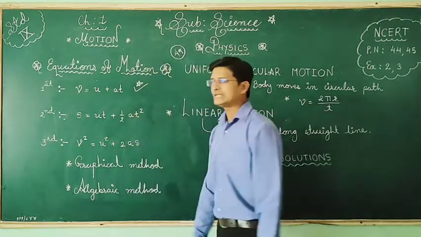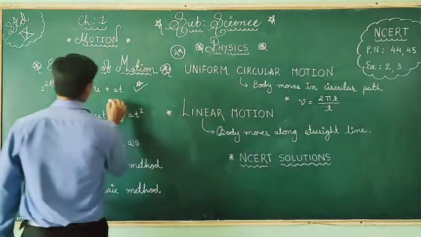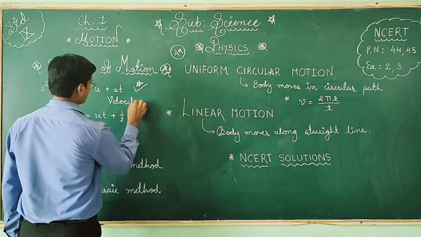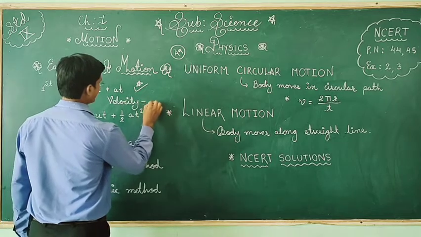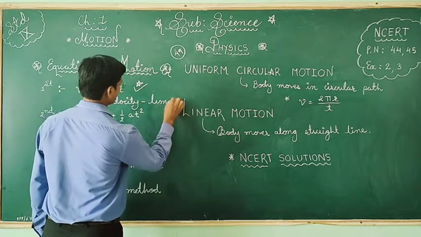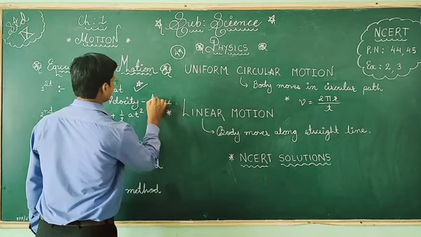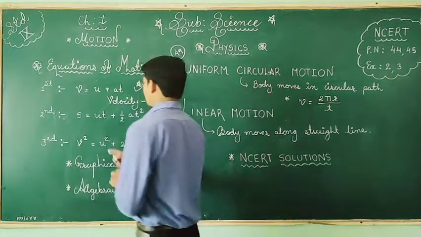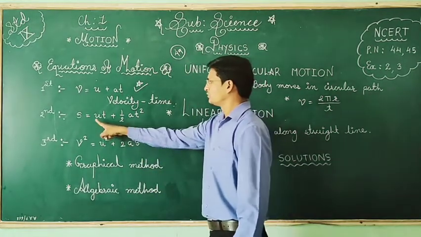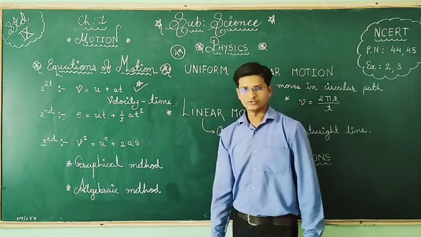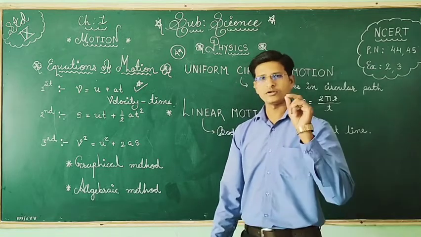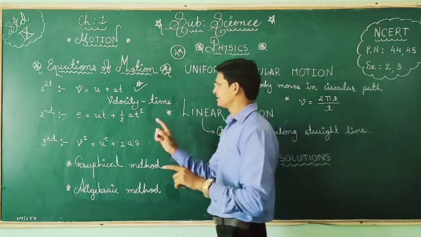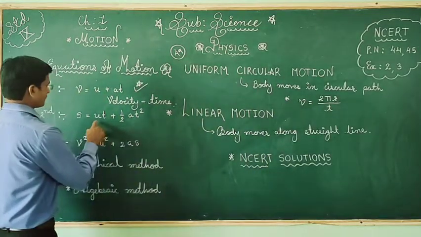This shows the relationship between velocity and time. The first equation of motion shows the relationship between velocity and time. Second equation of motion, s is equal to ut plus 1 by 2 at square, that I have already explained in the PPT presentation. So that first part you will see and understand.